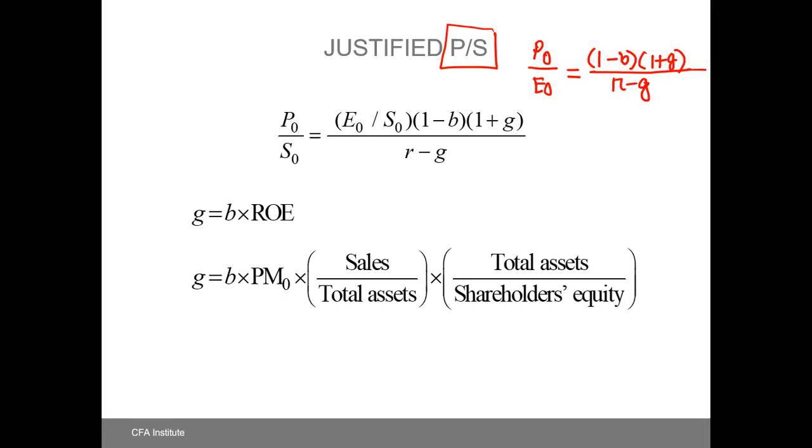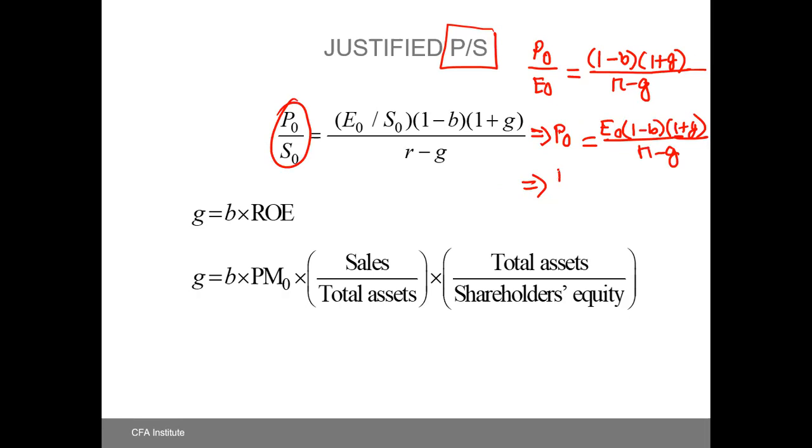Okay, fine. So we will be doing some simple adjustment to get this form. So if I keep the price here and transfer the trailing earnings here and keep other things as they are.